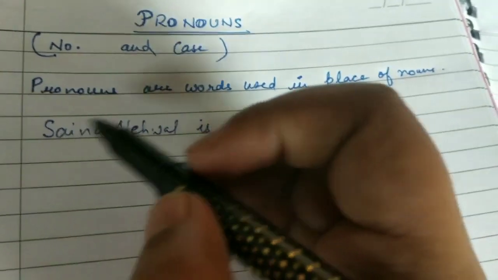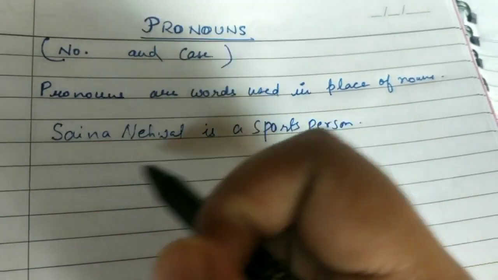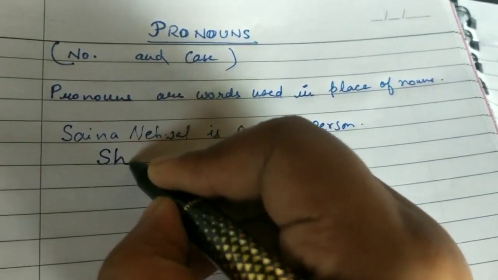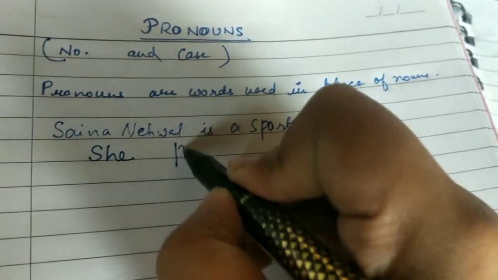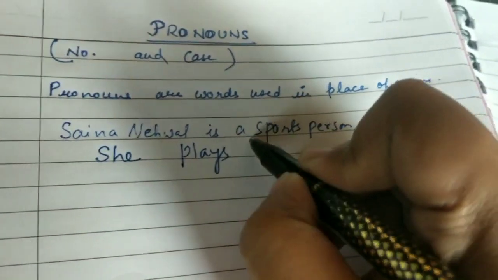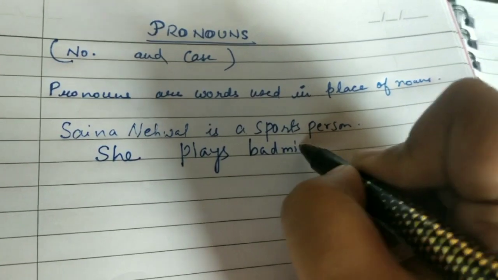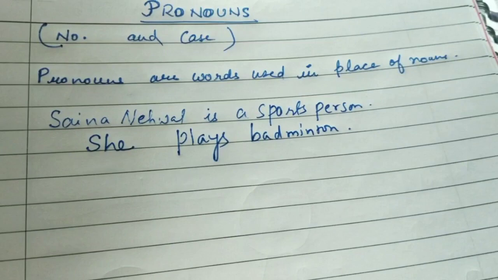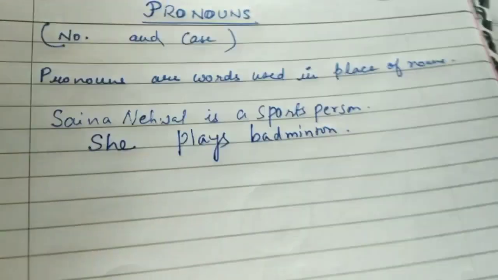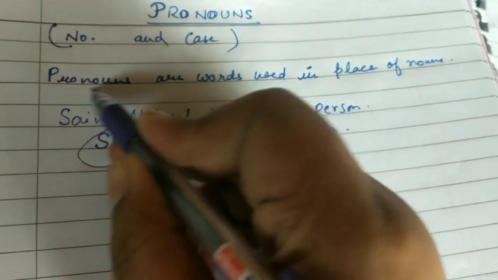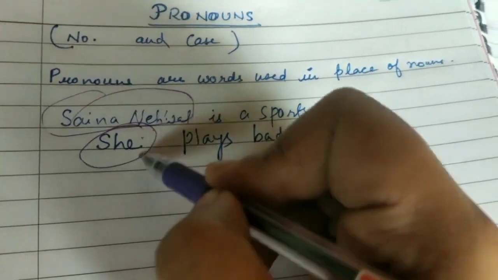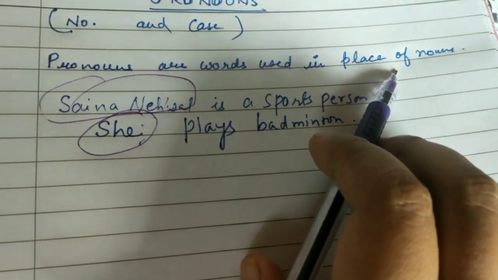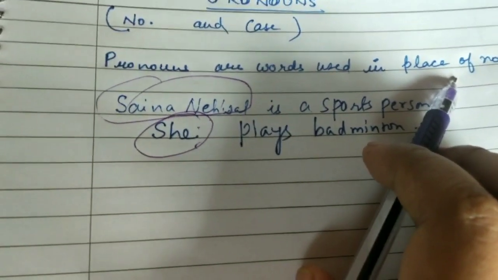So for referring to Saina, what will we use? We'll use another word. She plays badminton. So this word she replaces the noun Saina. So this is a pronoun. So pronouns are the words that are used in place of noun, and they work like a noun.